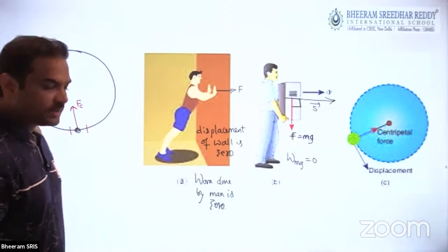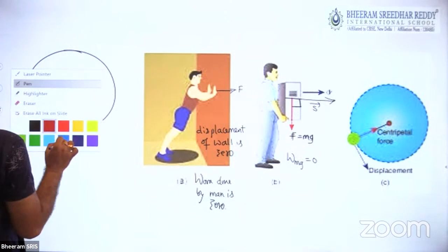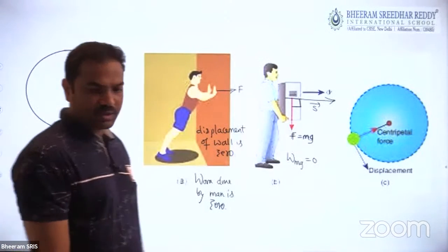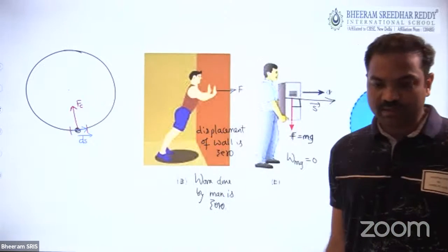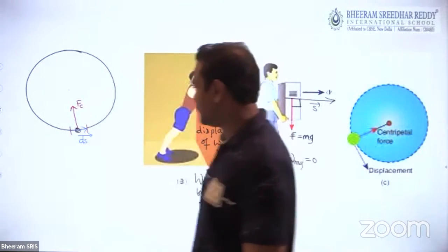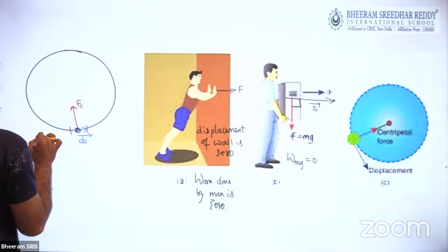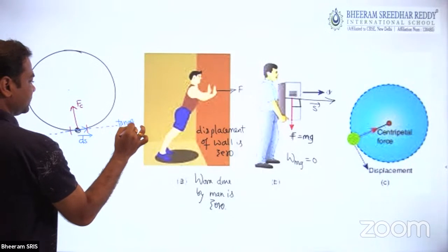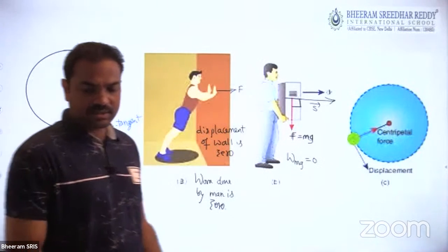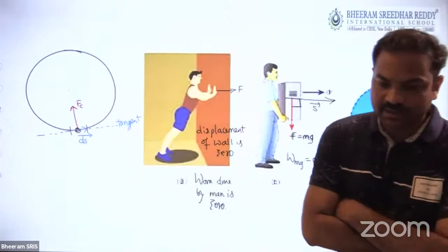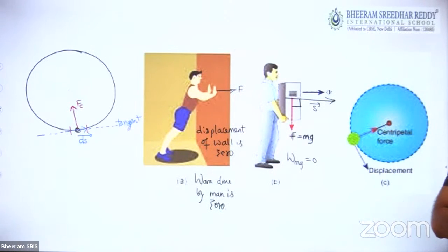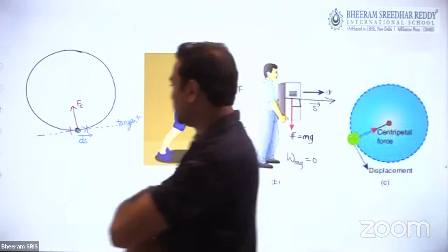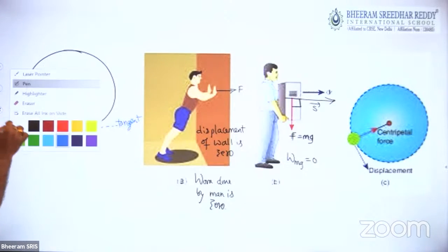So if I do with the small work done, the small displacement is ds bar for small work done. Now tell me how the ds bar is in relation to force. Small displacement is along the tangent. This is the tangent line. In any path, small displacement means along the tangent. Now, force is along the radial.